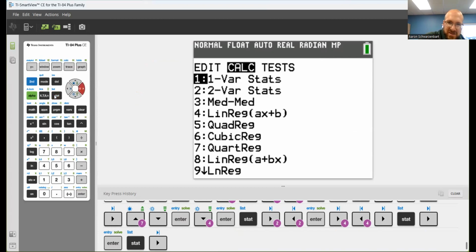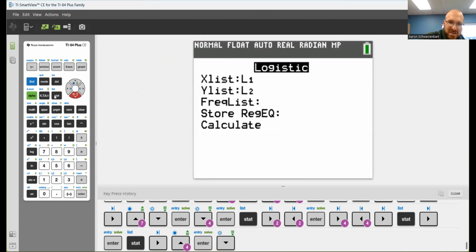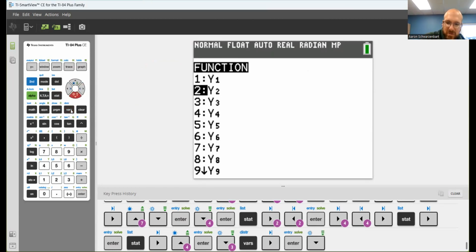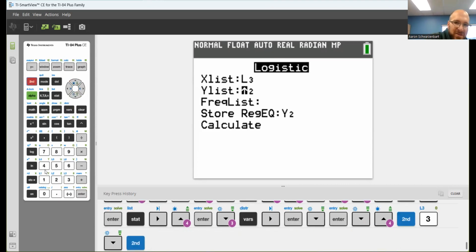I didn't mean to hit enter again. Logistic. So logistic is logistic regression. I'm going to store this one in Y2 function. I'm using Y2 because I've already used Y1. I do not want L1, L2. I want L3 versus L4.